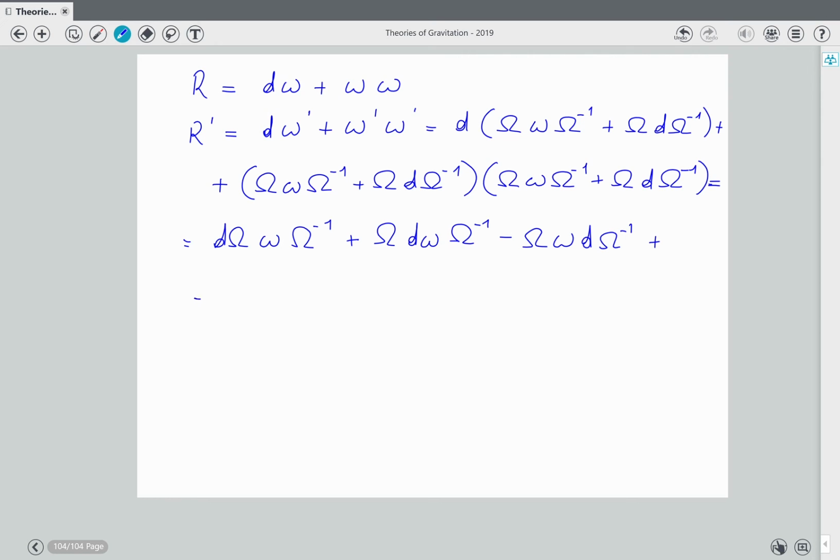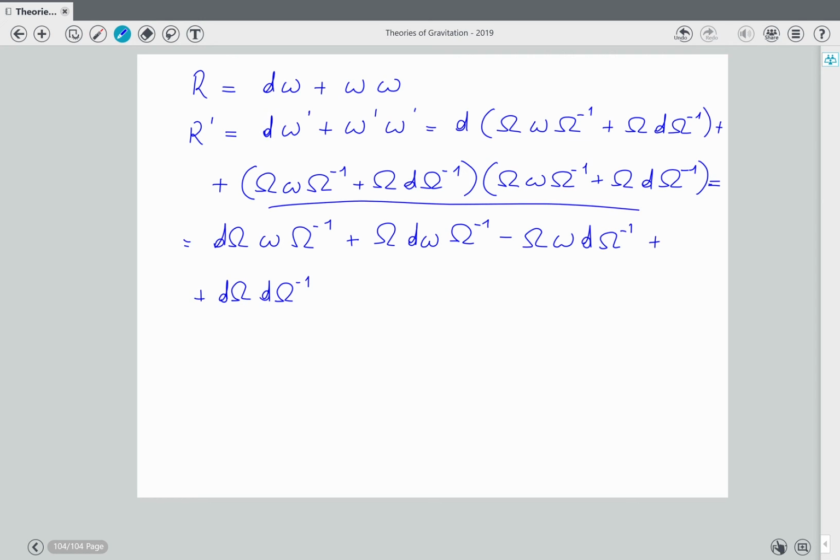And then you have d Omega d Omega to the minus 1. d does not need to act on d Omega to the minus 1 because d squared is 0.